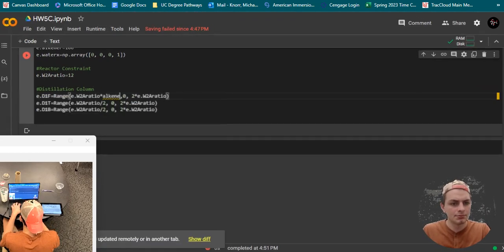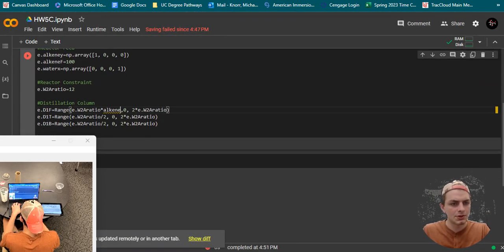I think I just called it alkene flow rate there. There we are. Or rather E dot alkene flow rate. And then we can just copy this in here, like so. Multiply.